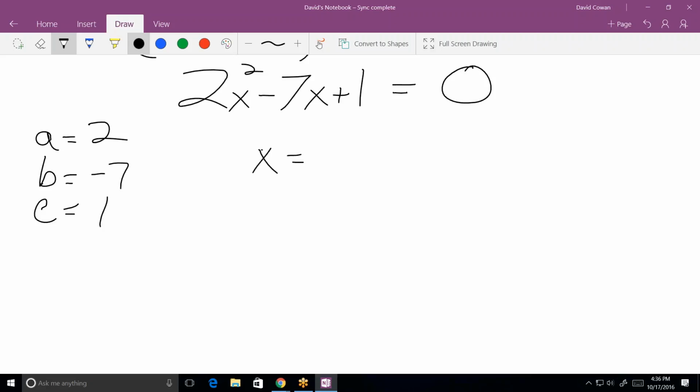So x equals 7 plus or minus, because you're squaring -7. Make sure you use parentheses when you do that. Okay, and then minus 4 times 2 over 2 times 1.